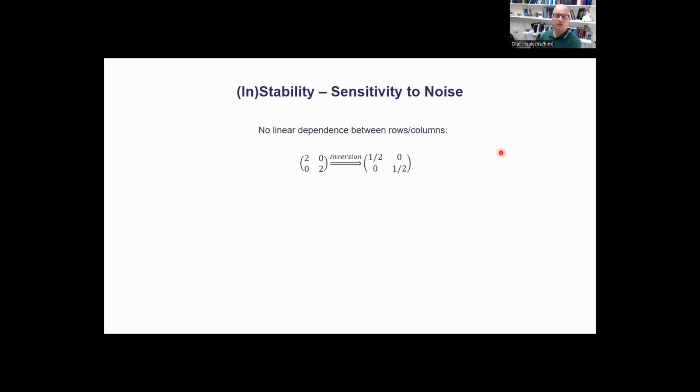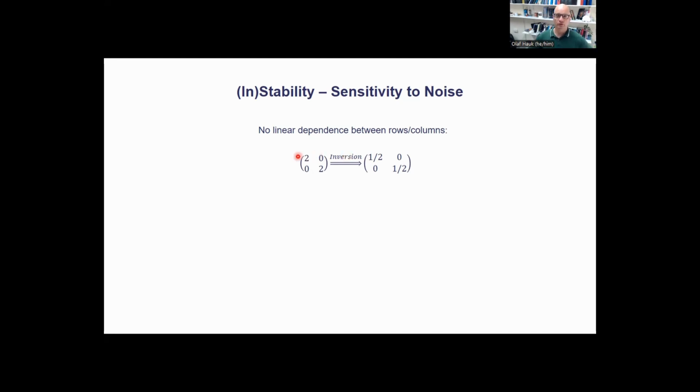So this is just a mini, hopefully intuitive, illustration of what might happen if you invert matrices. Even if you've never thought about linear equations and matrix algebra before, maybe you will get the main idea here. If we have a relatively simple diagonal matrix, this would be a simple linear equation where you actually have two independent parameters.